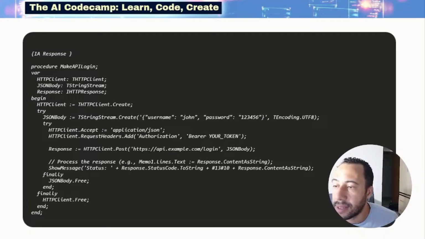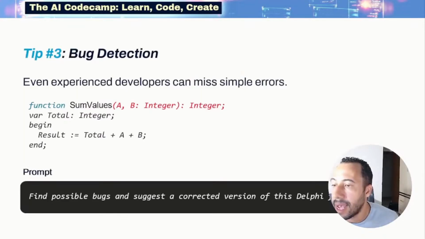Simple mistakes get missed even by experienced developers. Just pass your source code into your favorite AI agent and use this prompt: Find possible bugs and suggest a corrected version of this Delphi function.